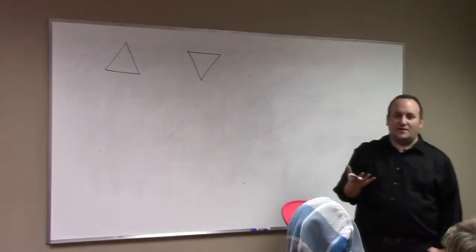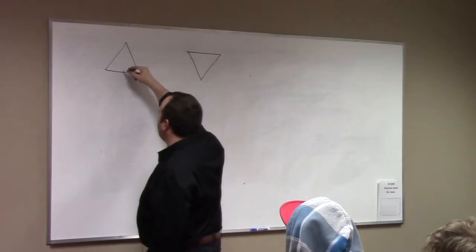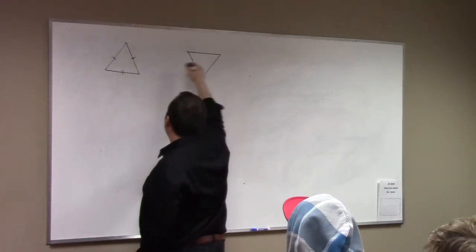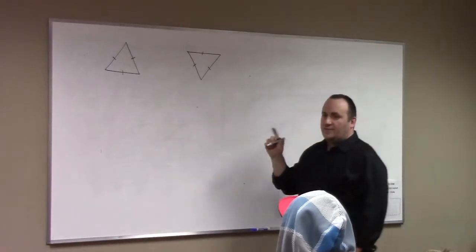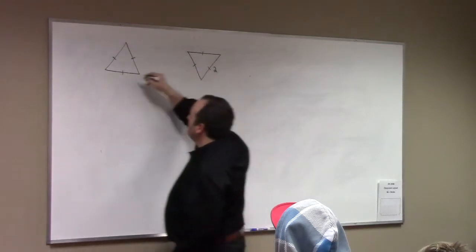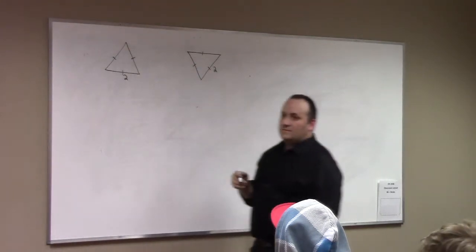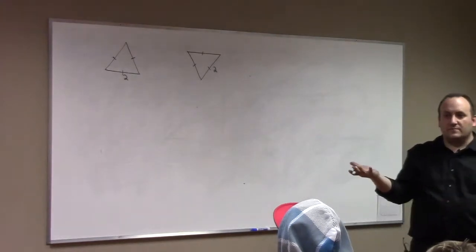Up to the limits of my artistry, if these are equilateral triangles, and if you also know that the length of one of the sides is the same, say this has side length 2 and this side length is 2, I think we would all agree that geometrically these are the same triangle, right?